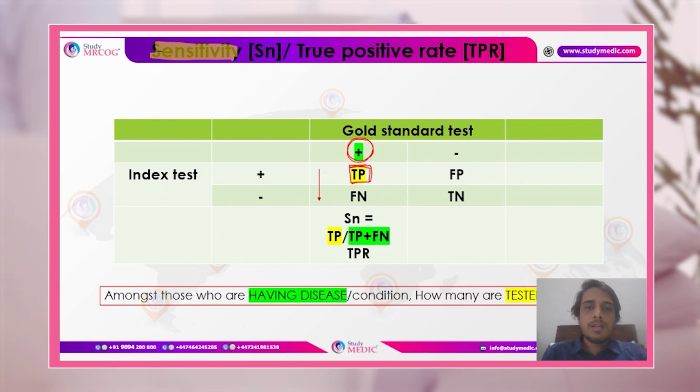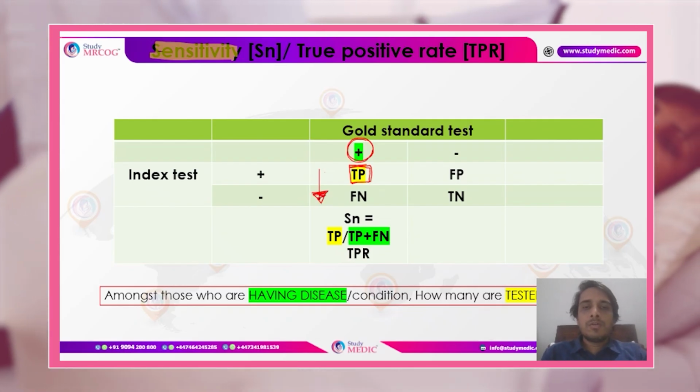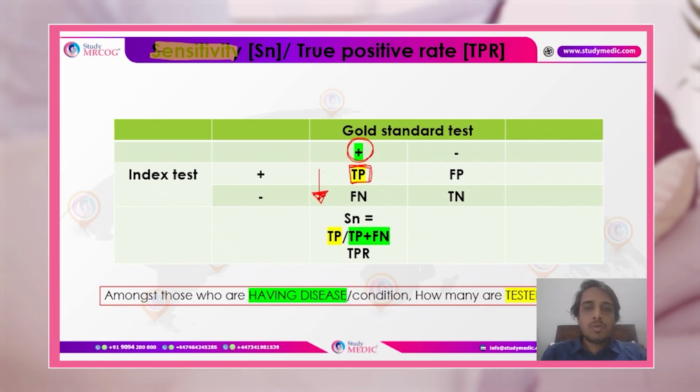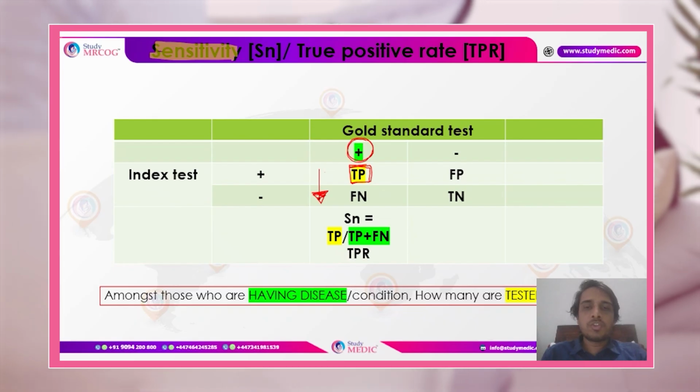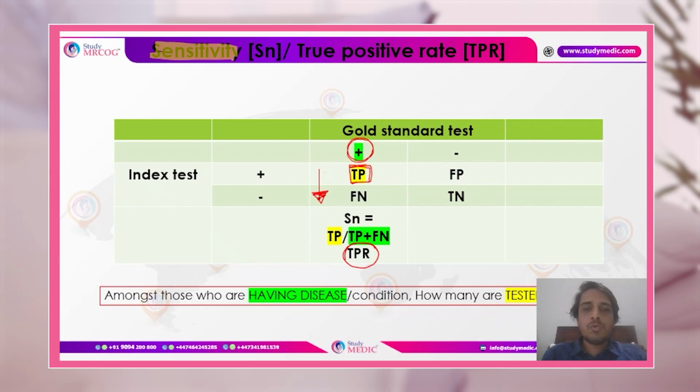See the up to down arrow. That means sensitivity is true positive divided by true positive plus false negative. It is also called the true positive rate.